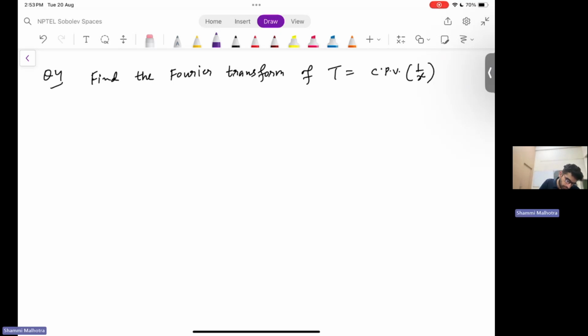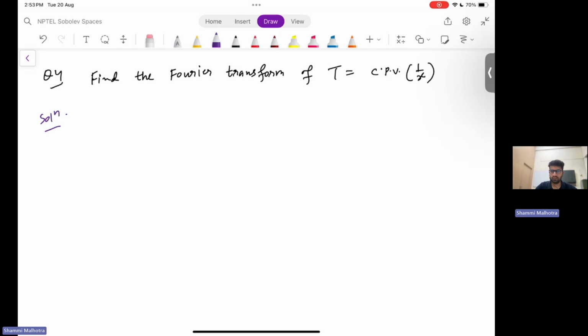What do I mean by odd distribution? Its roots are motivated from odd functions. We have a similar notion for distributions as well, so we can have the notion of odd and even distributions.